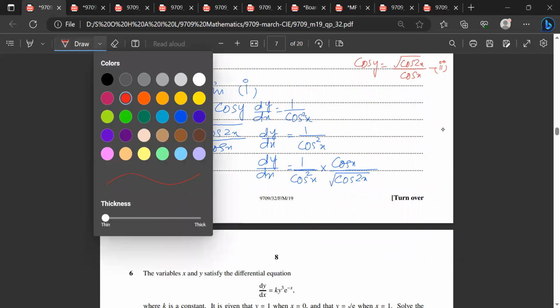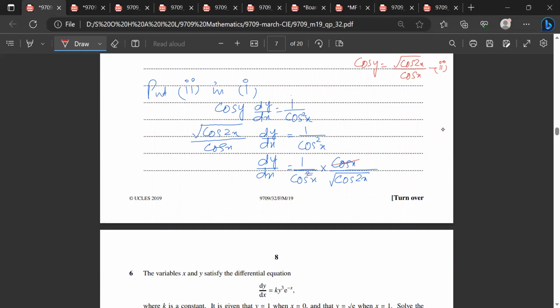And the final step is to remove the square, and the result is here that dy by dx is equal to 1 over cos of x into the square root of cos 2x.